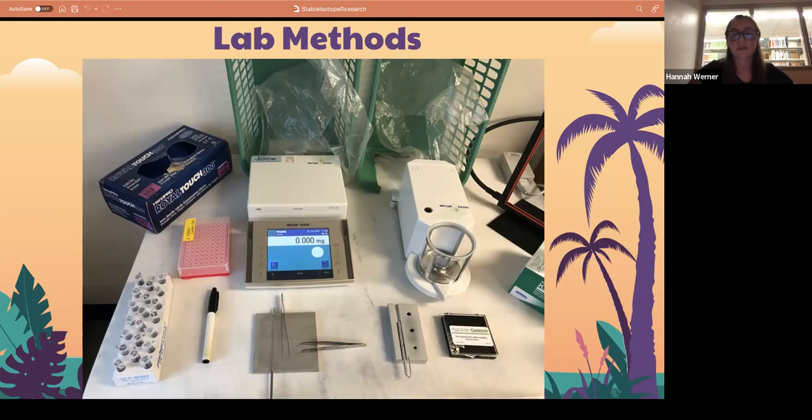So using this setup here, I took out those drier, finer particles and weighed them on this scale. There are tin capsules in this photo. Using the tin capsules, you weigh the tin capsule, get that weight, tare it out, and then weigh the fine particle sample. There had to be a specific weight requirement for the sample before sending it out to the lab, so weighing it allowed us to make sure it was within that requirement.